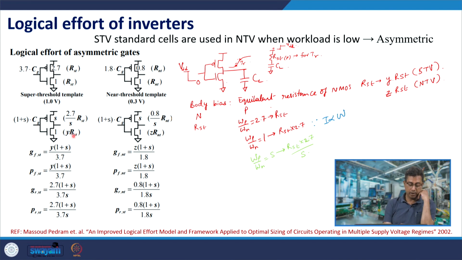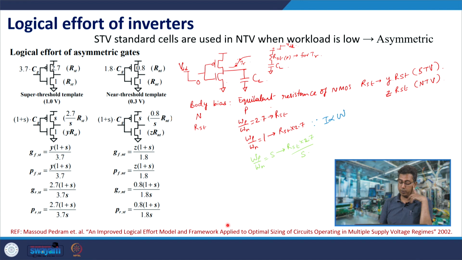That is why the equivalent resistance is now 2.7 into RST divided by S. Likewise, for the near threshold or subthreshold voltage regime, the WP by WN of 0.8 balances the resistances, so the resistance RNT near threshold of both P MOSFET and N MOSFET are equal. Now, for a size S, it will be 0.8 RNT by S for the P MOSFET.